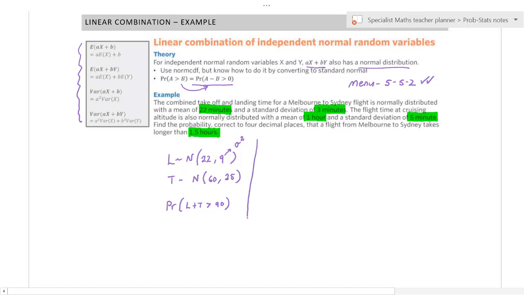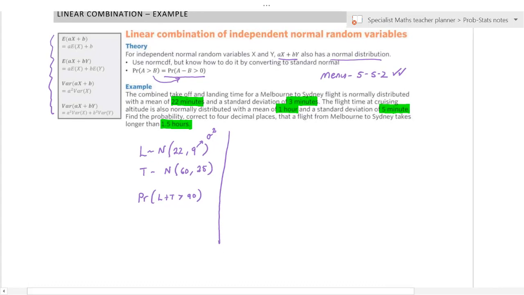We need to stop there because this is a linear combination, so let's do E of L plus E of T. That's equal to 60 plus 22, which is equal to 82 minutes. And by the way, that's our mu, isn't it? Or we could say that that's equal to E of L plus T if you wanted to. But yeah, that's our mu.